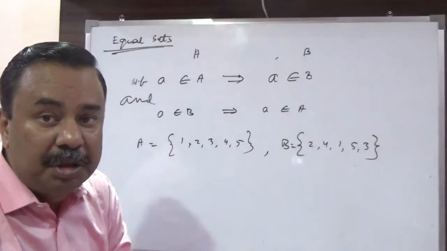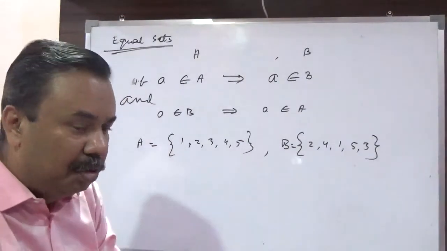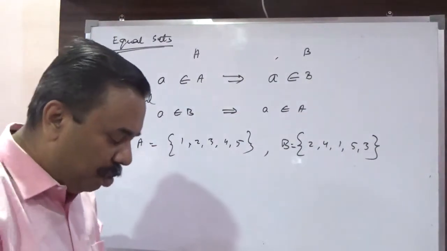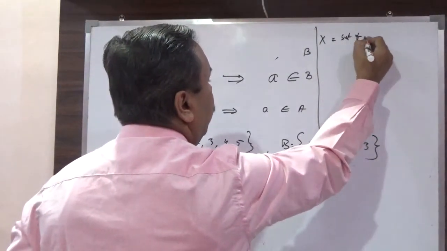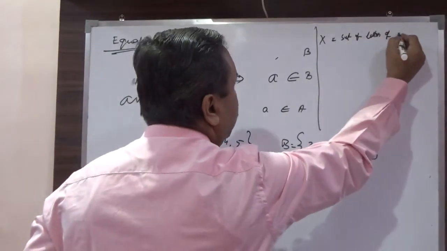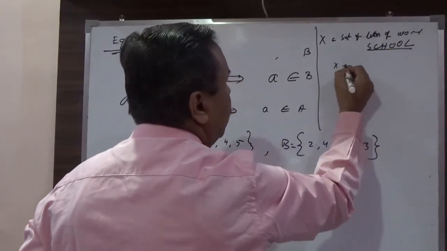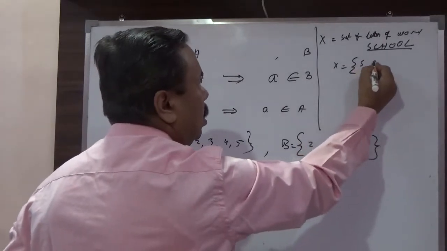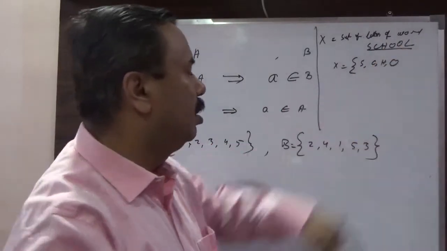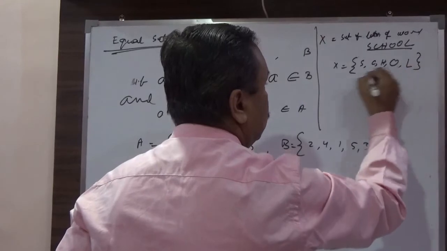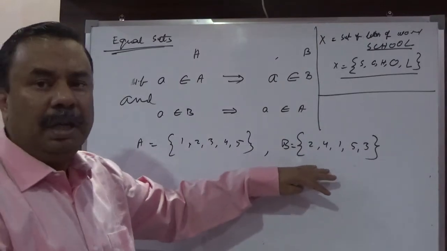Even if an element comes 2 times, it will be written once only. Like, suppose there is one X, the set of letters of the word school. So this X will be written as S, C, H, O. Now this O is repeated, so I will not write it again. Okay, so this is about the tabular form or the roster form.